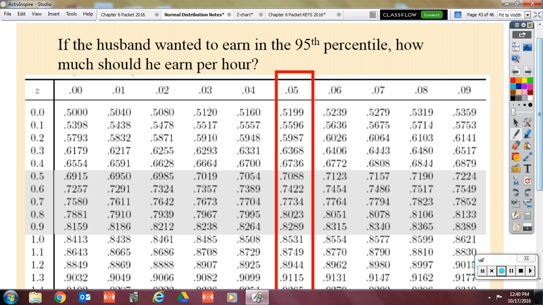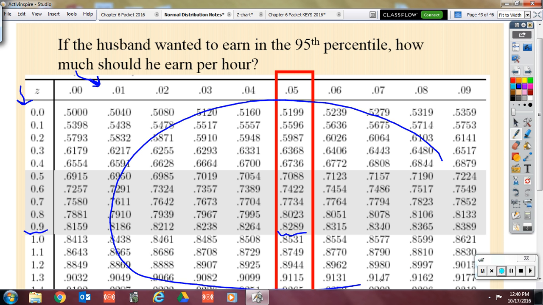Is it on the sides? Are these numbers over here have to do with the area below him, so I need to find 0.95? Okay, and here's my question. Do I need to find 0.95, or do I need to find a number inside here? Which one of those two things you think? Numbers on the side or numbers in the middle if it's 95th percentile?